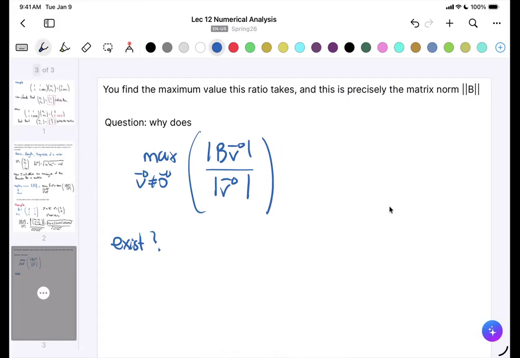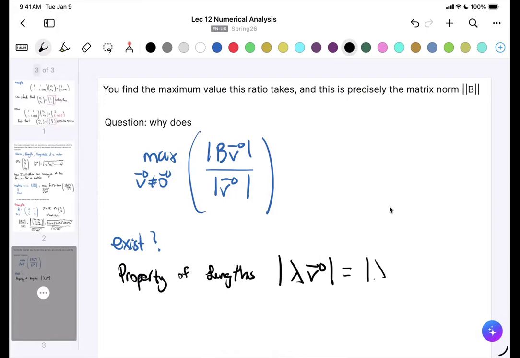Why does this expression always achieve a max, an absolute max? There is a property of magnitudes or lengths, which is that they behave nicely when you have a scalar. If you have a vector times lambda, where lambda is a scalar, you can take it out of the magnitude, and it comes out in absolute value.